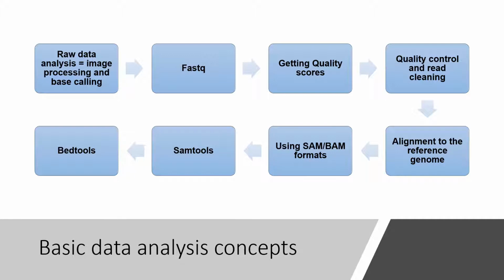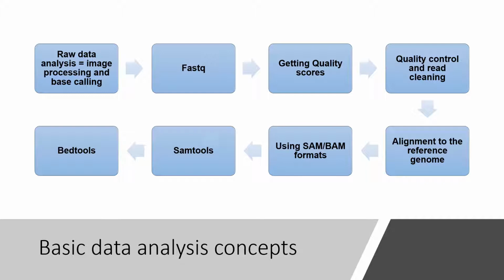The FASTQ reads are analyzed for quality, and you can use two bioinformatic tools, namely Bowtie and BWA. So any of these tools can be used to analyze the quality of FASTQ sequences.